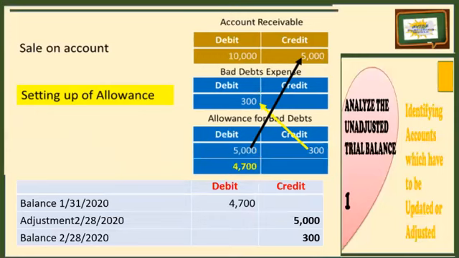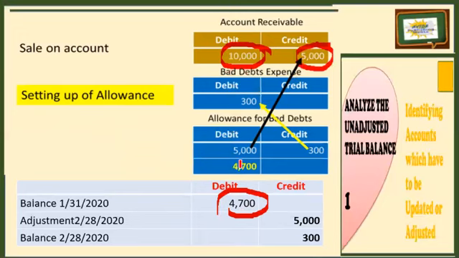So in our example, the rate of the allowance will be increased to cover this one. So if we have a sales on account, the basis is sales on account. So it's not the balance of the accounts receivable. In this case, the credit sales is 10,000 and the balance is 5,000 because the 5,000 is already uncollectible.